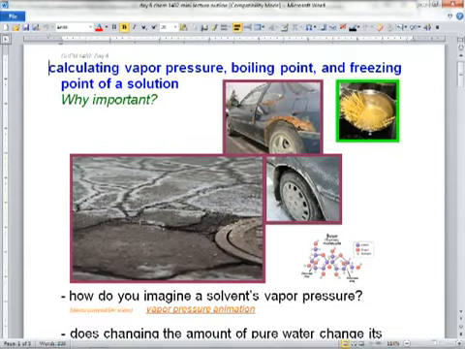Calculating vapor pressure, boiling point and freezing point. Jessica, my question is, what's there to calculate? Aren't boiling point, freezing point, even vapor pressure, all in tables? You just Google this stuff. What's there to calculate?